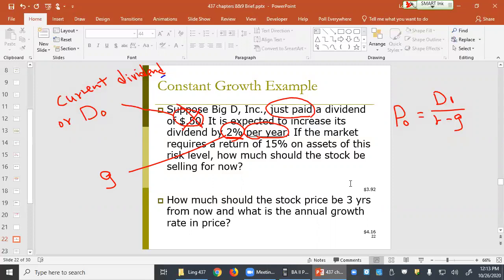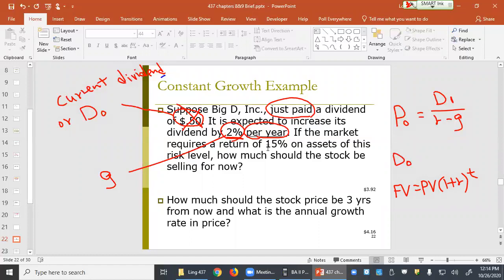We can use that information to find our D1 that we need in the numerator. Because we know D0 is 50 cents, and that D1 will be 2% higher than D0, we can use that fundamental equation: future value equals present value times the compound factor. We'll use this equation to find our future dividends.